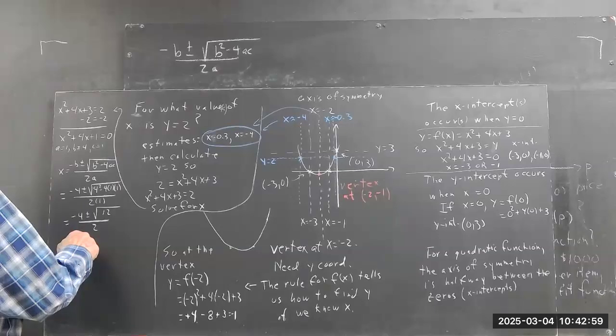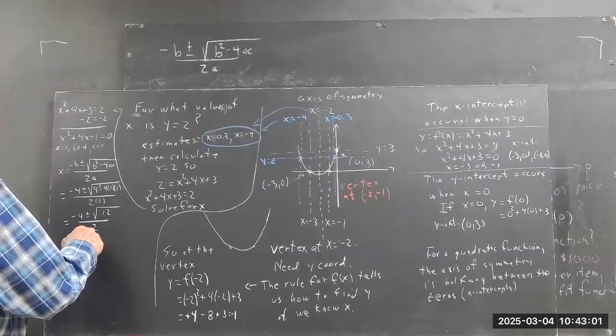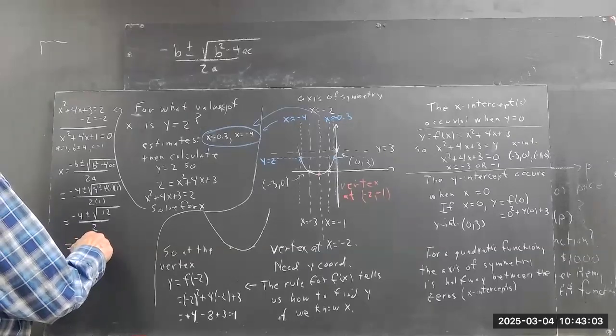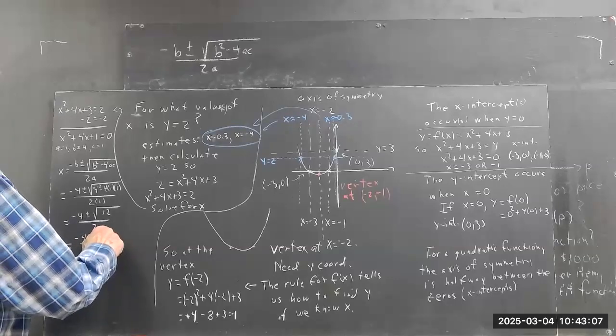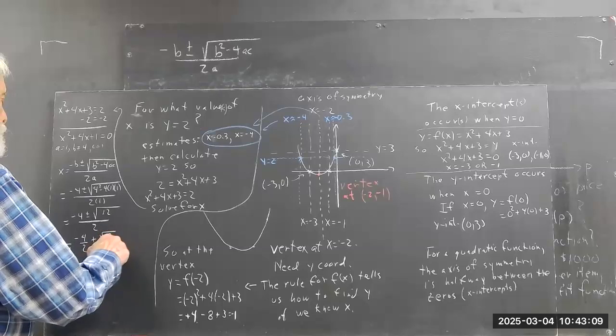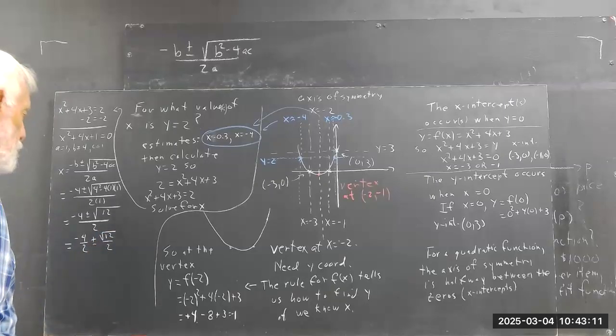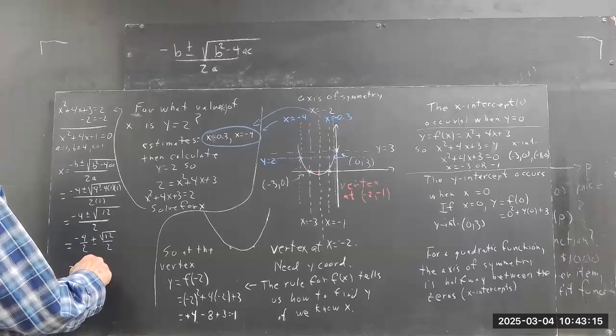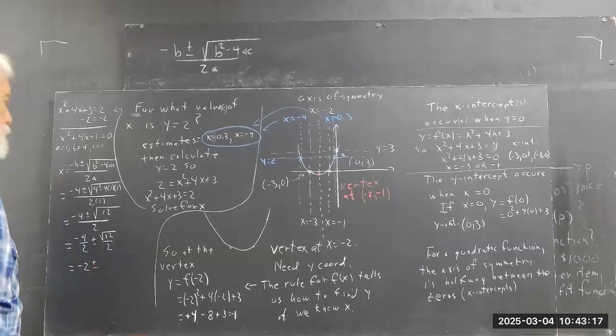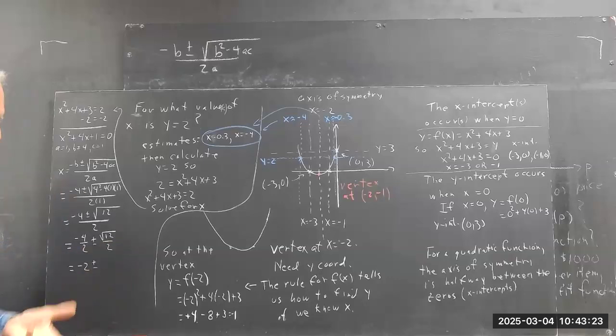I'm going to write it this way, negative 4 over 2 plus or minus the square root of 12 over 2, which is negative 2 plus or minus. Square root of 12, I think, is pretty close to 3.4, because 3.5 squared is 12.25.